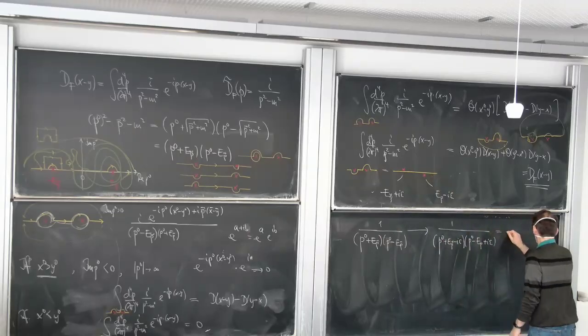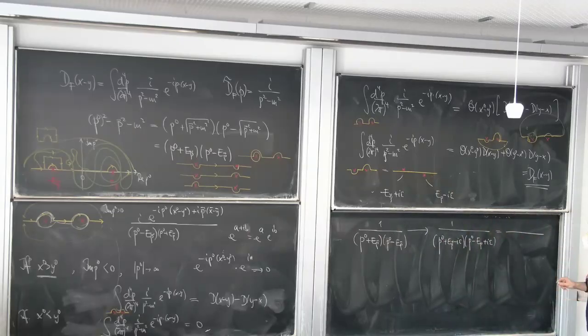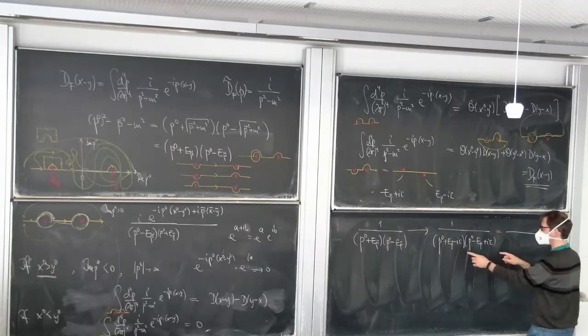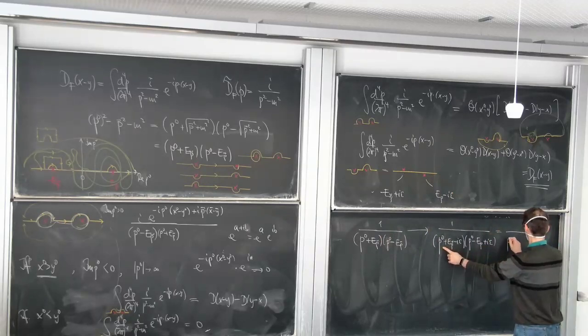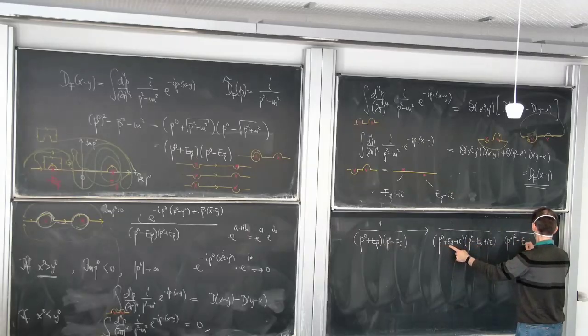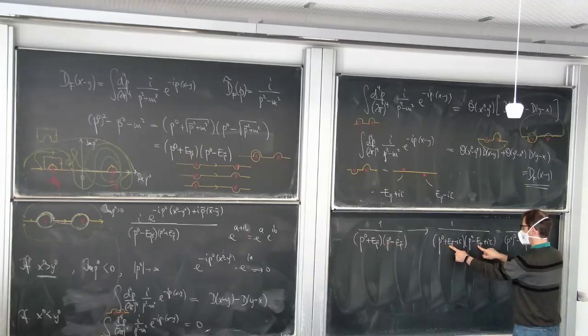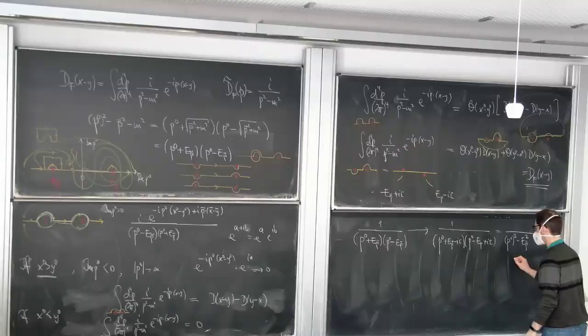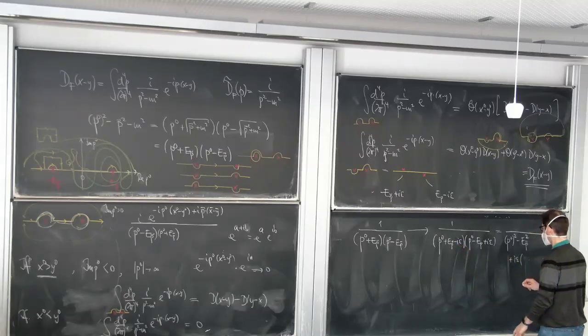And now what is this? Multiply it up. P zero squared, and then minus P squared. And then the mixed term with the i epsilon. So we have i epsilon, let's do it slowly.